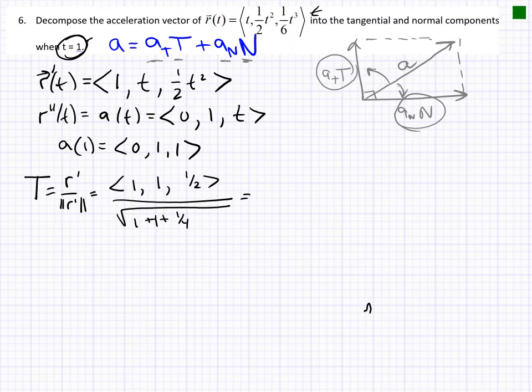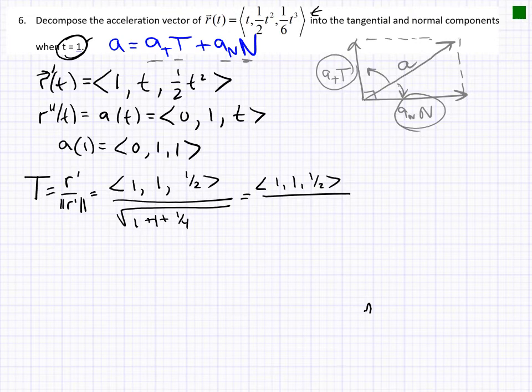So that's going to give us 1, 1, a half over the square root of 2 plus a fourth. 2 plus a fourth is 9 fourths.